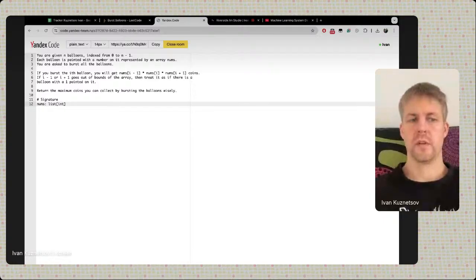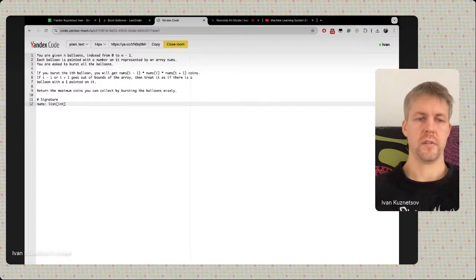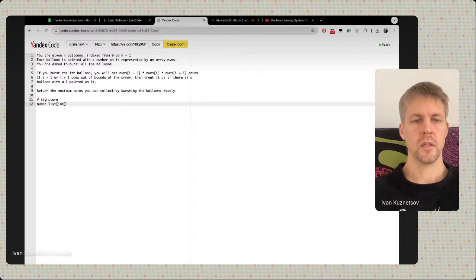If you burst the ith balloon, you will get some amount of coins that is dependent on the numbers on the left and the numbers on the right. Return the maximum coins you can collect by bursting the balloons wisely.